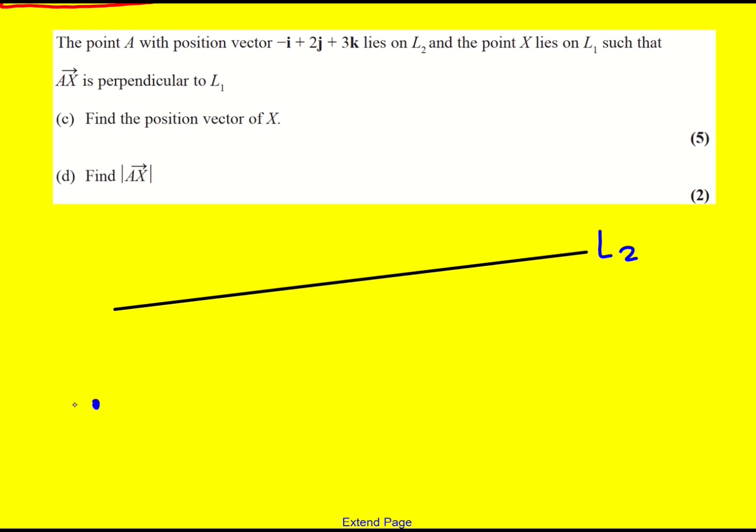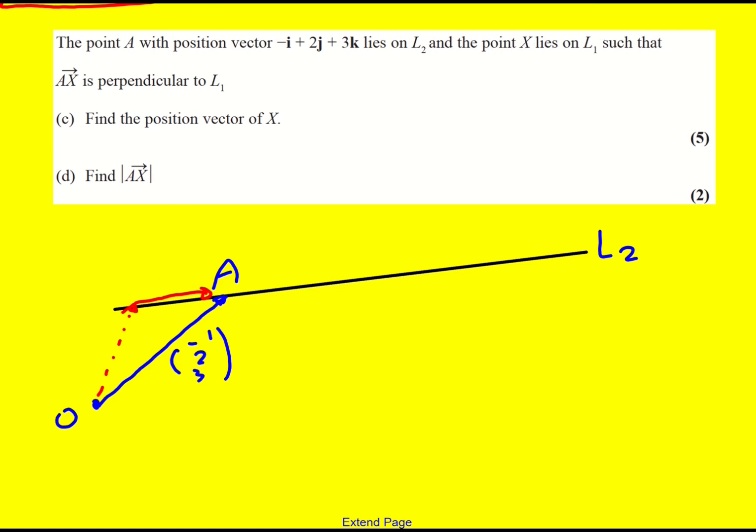Going to put the origin here, and then I've got my position vector O to A, which we're given as minus 1, 2, 3. I quite like to write it in column format. And remember again, we're potentially getting onto the line here and then going along to A. Okay, that's not vital at the moment, but I just wanted to get that on there.